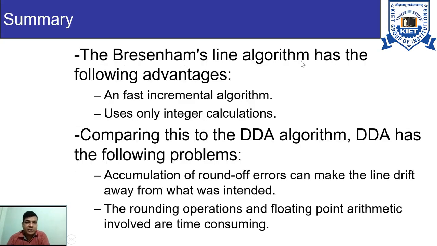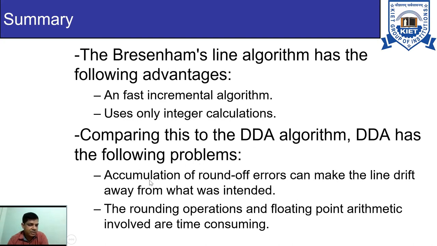Bresenham's line drawing algorithm has the following advantage: it is a fast incremental algorithm. It is fast in comparison to DD algorithm, and in this case you can see that we are dealing with only integer calculations. Now comparing this to the DD algorithm, DDA has the following problems.